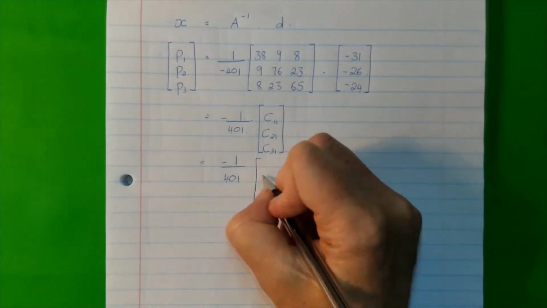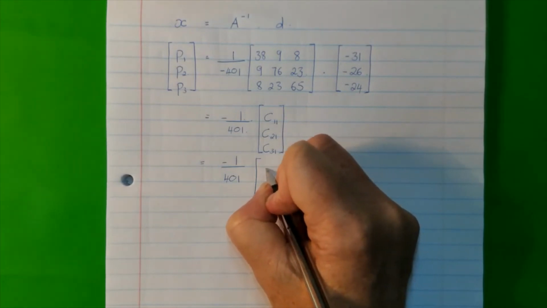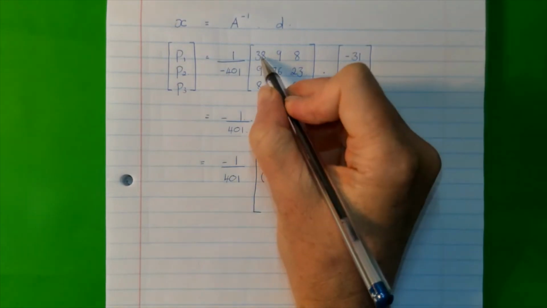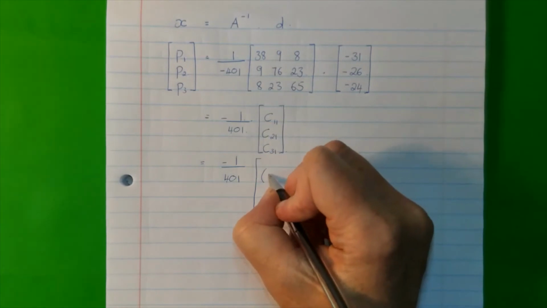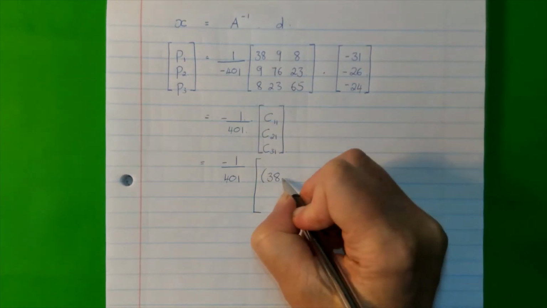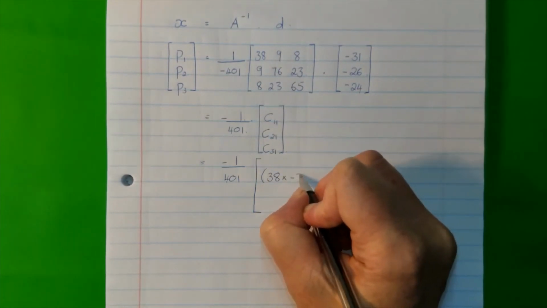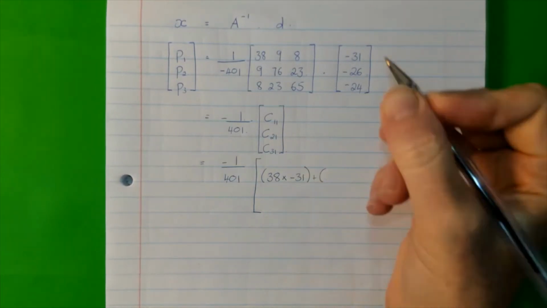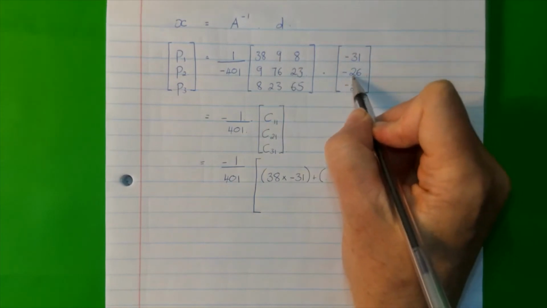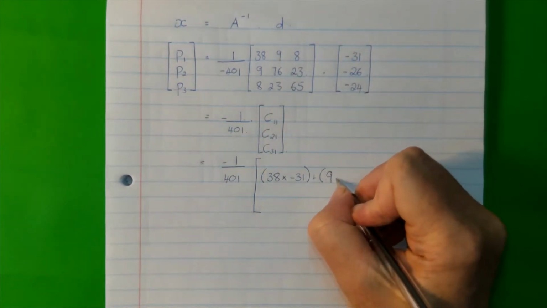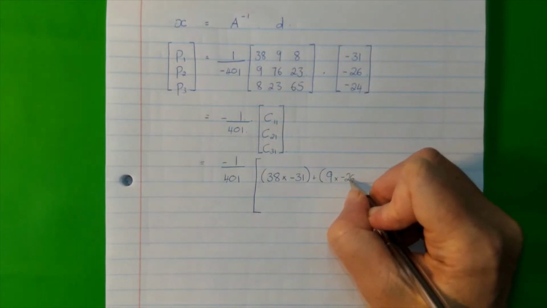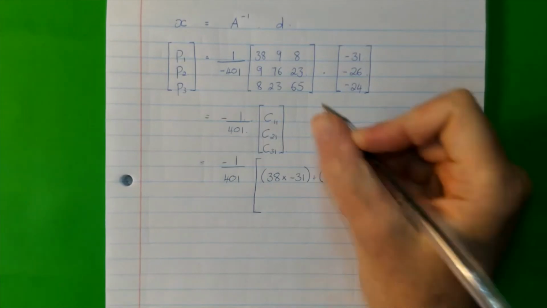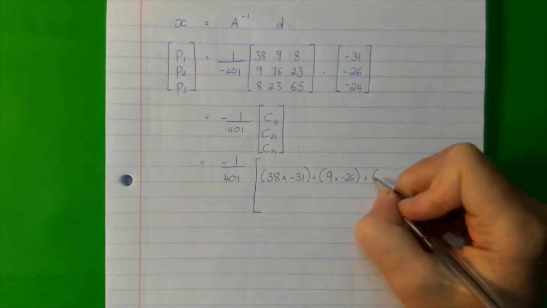Okay, and then sum all those products together. So 38 times by minus 31 plus 9 plus minus 26. Minus 24.